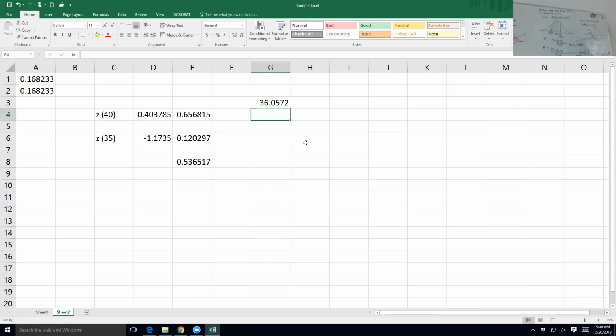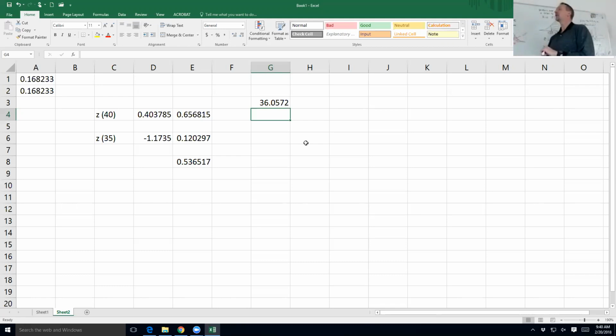Now, what if I didn't give you the chart? How would you do this? Use the computer. What command do I need to use?